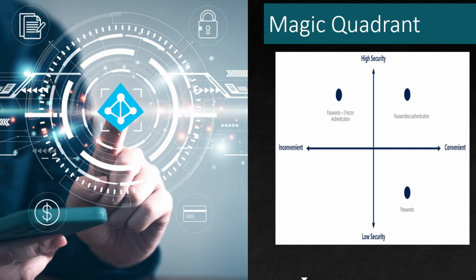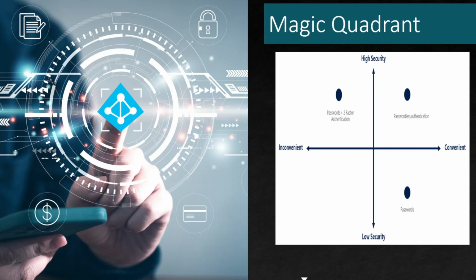So passwordless authentication systems like those in Entra ID presents an innovative shift from traditional password-centric security. Now, these systems utilize biometrics, tokens, or alternative verification methods to bolster security while enhancing user experience. Now, the crux of passwordless authentication lies in its ability to strike a balance between a robust security system and the ease of use for the users.